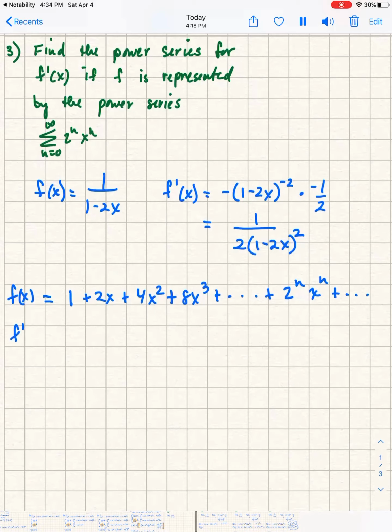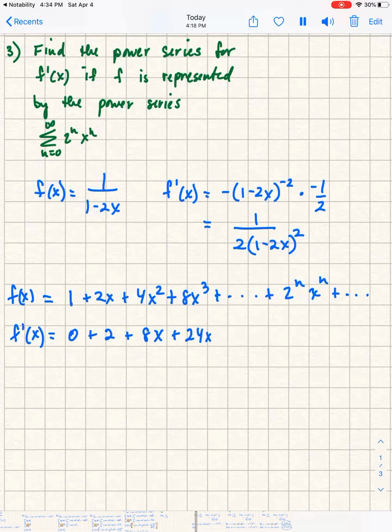If you're doing a derivative, just do each term separately, right? So you'll get 0 plus 2 plus 8x plus 24x squared plus dot dot dot plus 2 to the n times nx to the n minus 1 plus dot dot dot. Okay, and that's really it.